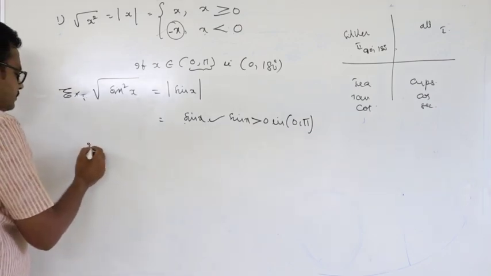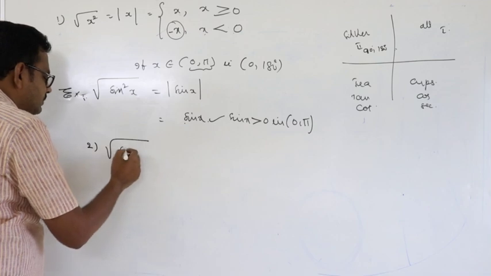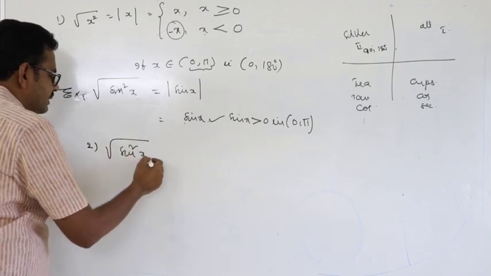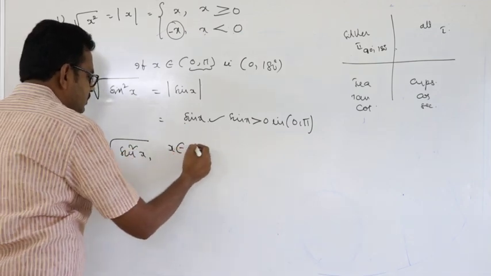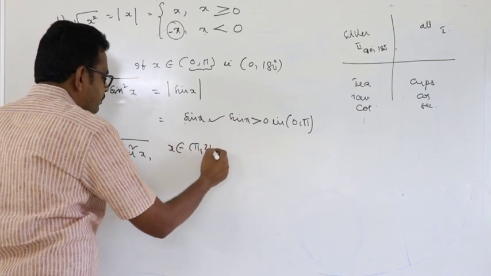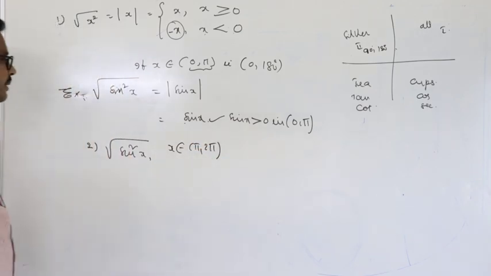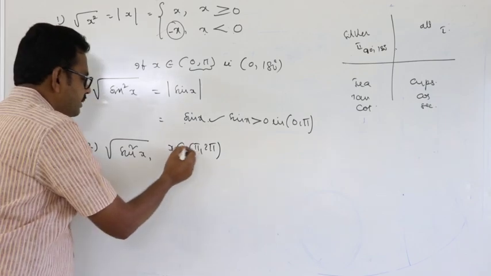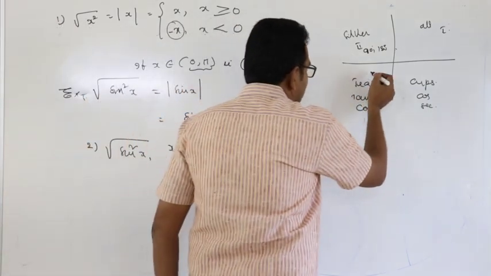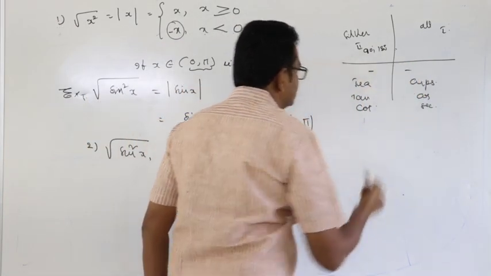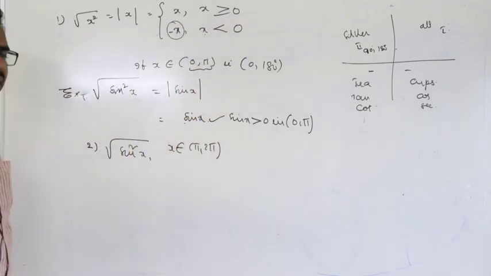Like root of sine square x, if x belongs to pi comma 2 pi. Pi means 180. In the third and fourth quadrants, sine is negative.